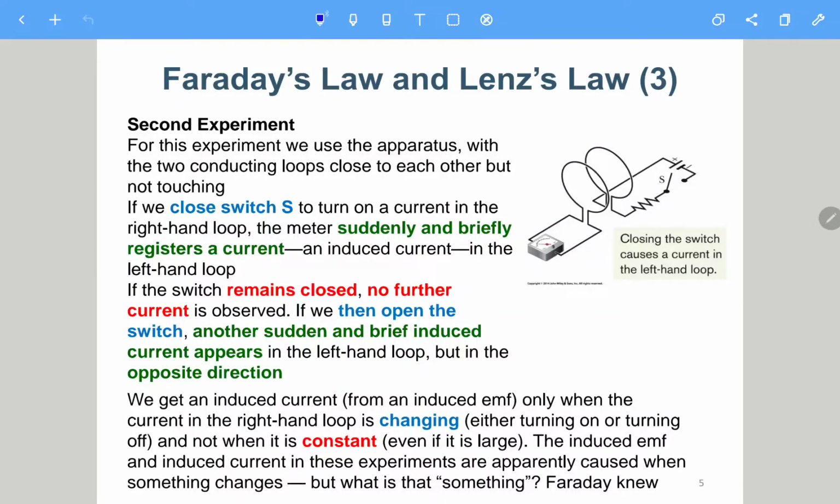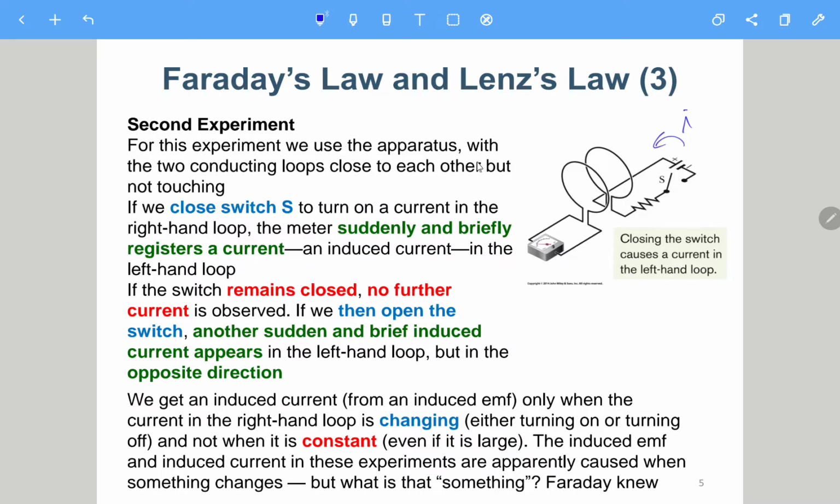Okay, so here is another experiment, a second experiment. You can see this part is actually the same as the previous one, but we do not use the magnet bar anymore. We change the magnet bar into another loop coil, but here we have a battery and a resistance, so that if this switch is closed, then it will generate a fixed current here.